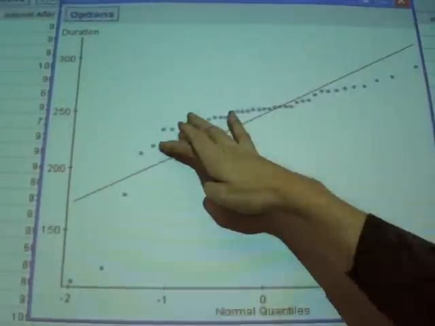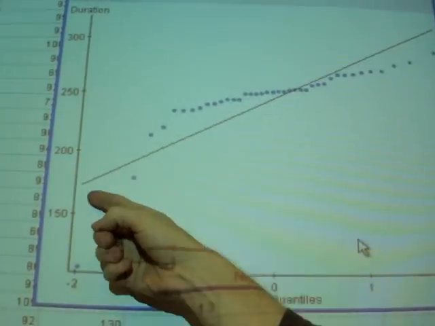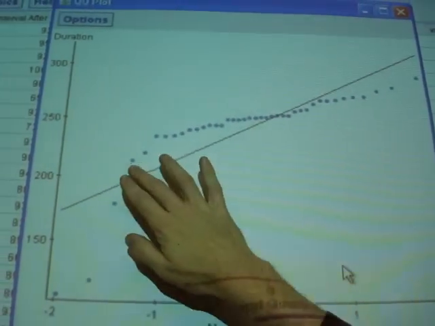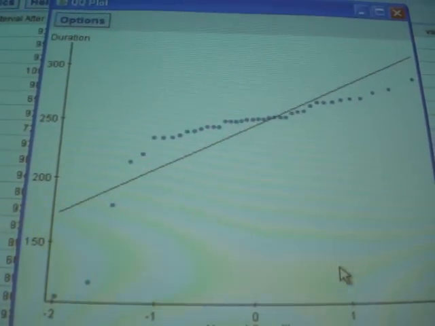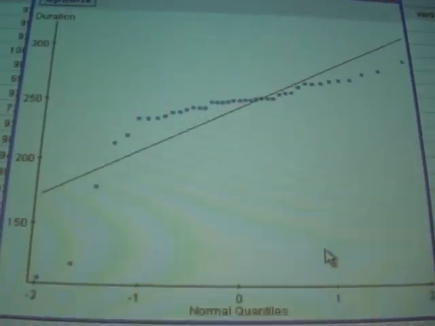We definitely see some curvature here, and it looks as though these observations out here are probably outliers. It looks like these are those 2 that were way to the left, and then we also have maybe a couple others, that's kind of that left tail that we were seeing in the histogram.